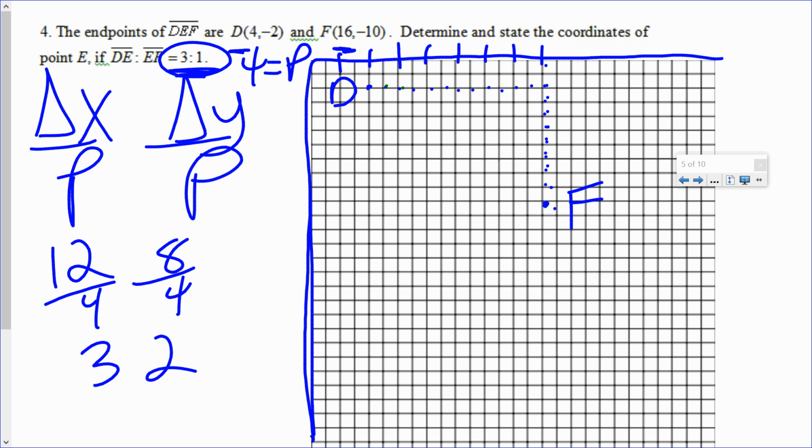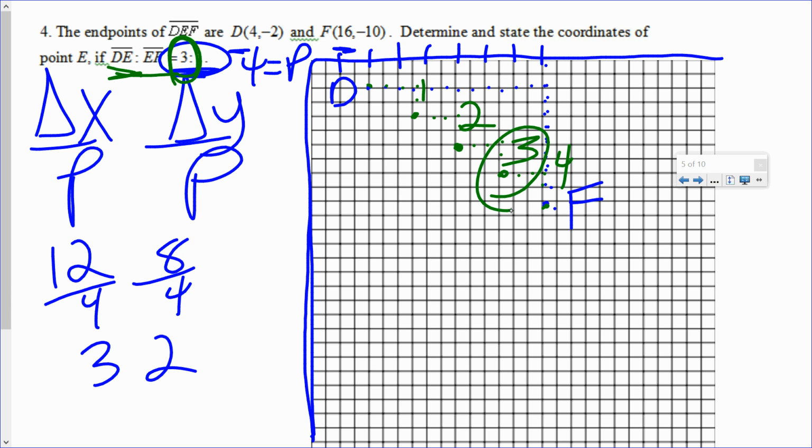1, 2, 3, 1, 2, point. I repeat that until I reach the other endpoint. DE to EF means I'm starting at D. So D is 0. That's 1, 2, 3, 4. Whatever number comes first in the ratio is the one that I want. That's 3.